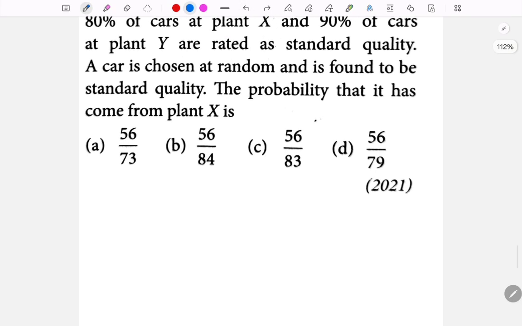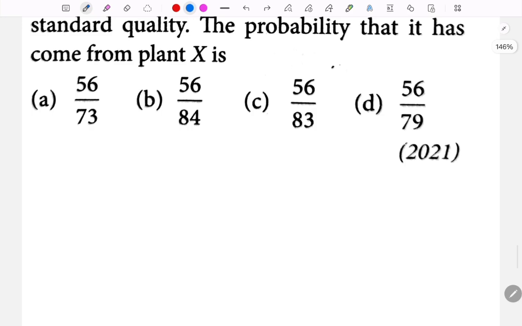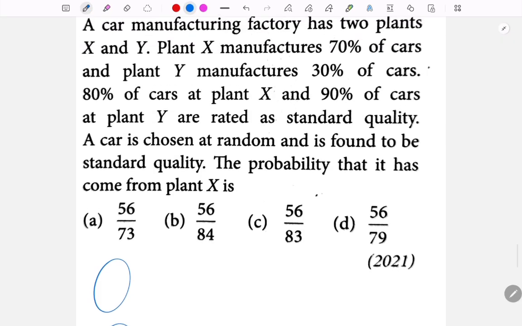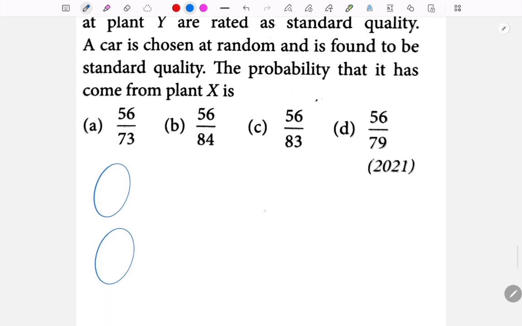First one is factory X, second one is factory Y. And both they are talking about standard quality. What is this event name here? It's standard quality. Write down that one.